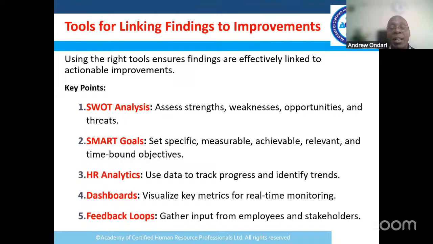And externally, we can identify opportunities. We can use our internal strengths to take advantage of those opportunities. If I may take us back to the example I mentioned, that one of AI. And I said that we may be using AI at the moment, which is a strength. But externally, you find that there are other versions of AI which we can use to improve the HR functions.